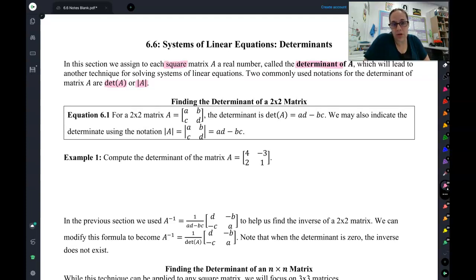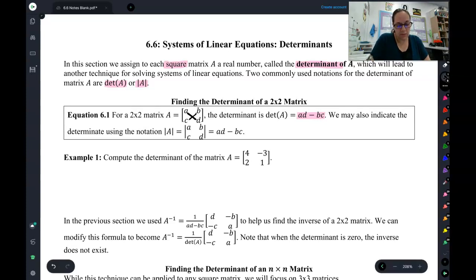A 2 by 2 determinant is quick and easy, and it is a simple formula. AD minus BC. So we do AD, multiply the diagonal, subtract BC, multiply the diagonal. And that's the determinant of a 2 by 2 always.